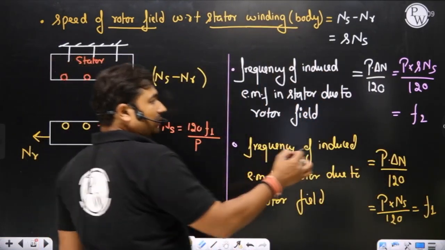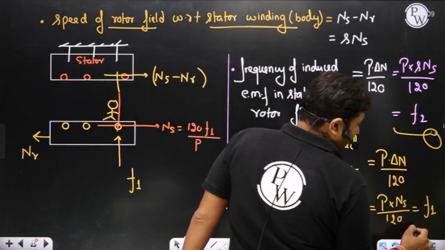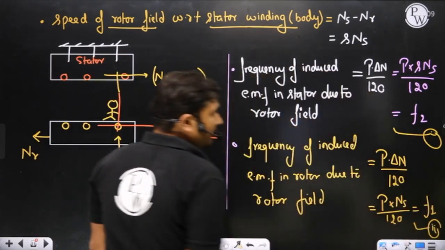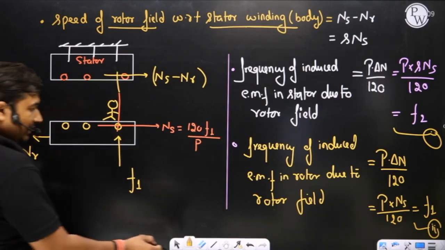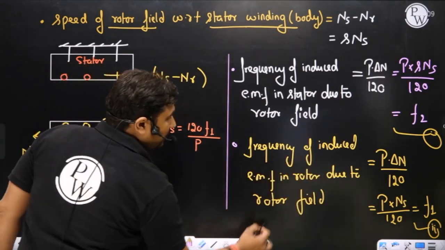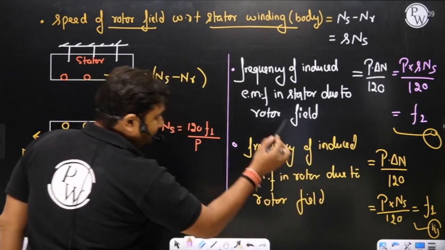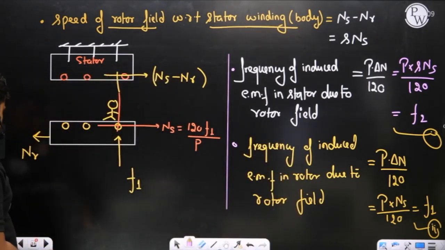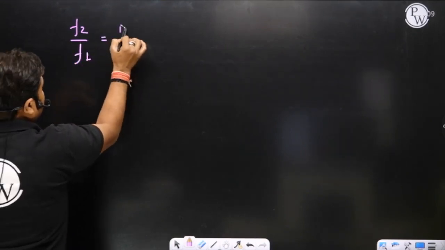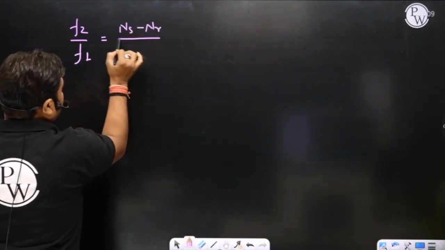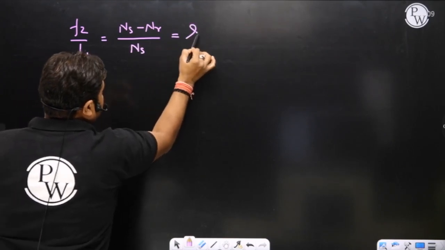Let it be equation 1 and equation 2. From equation 1 and 2 we can write F2 by F1 as Ns minus Nr upon Ns. That will be s, sir.